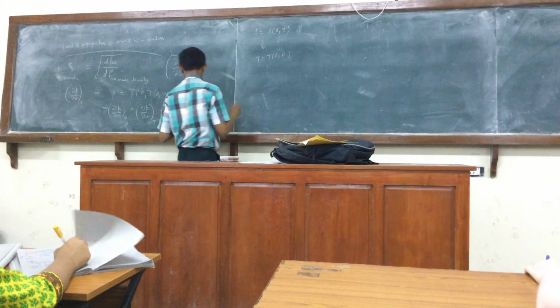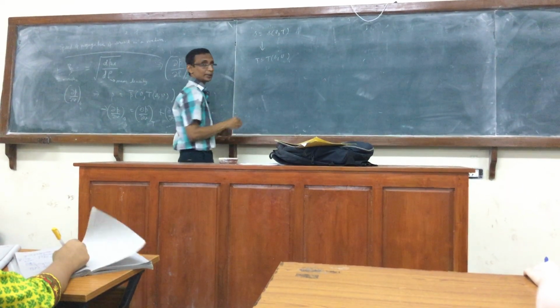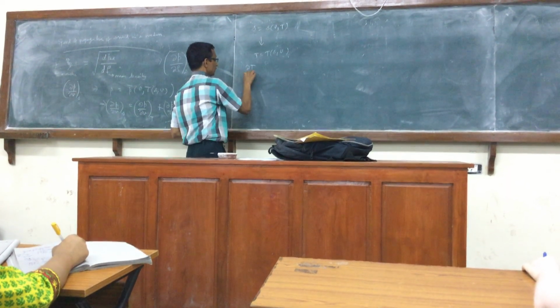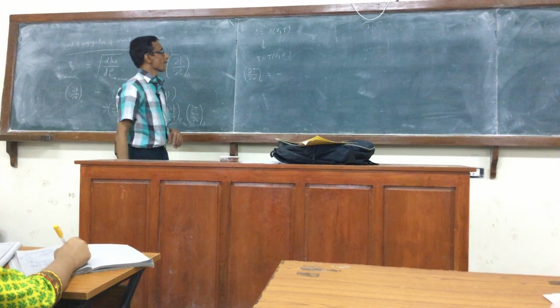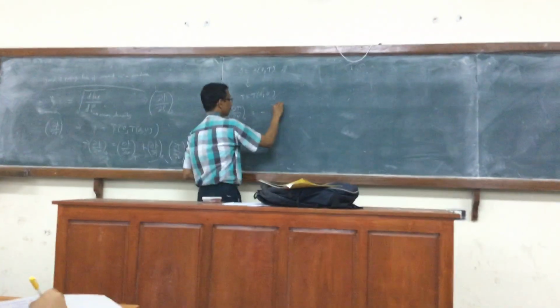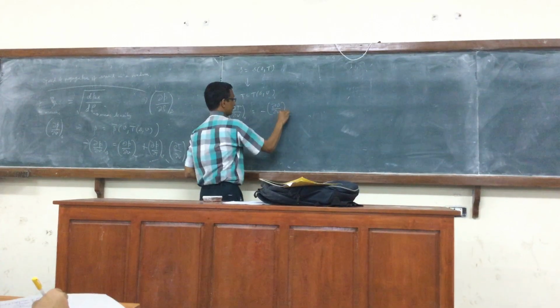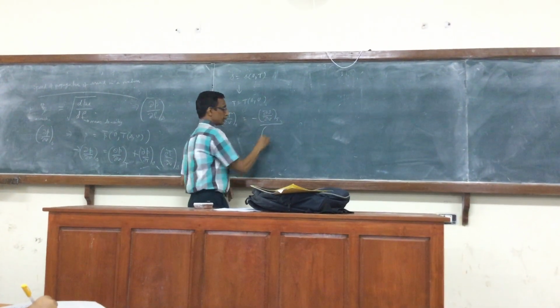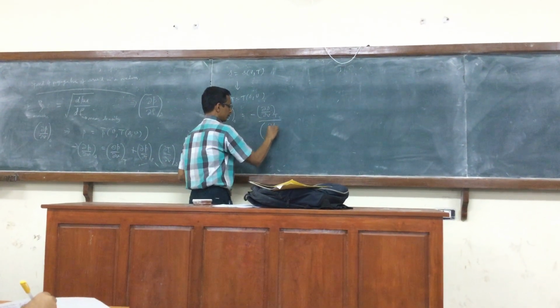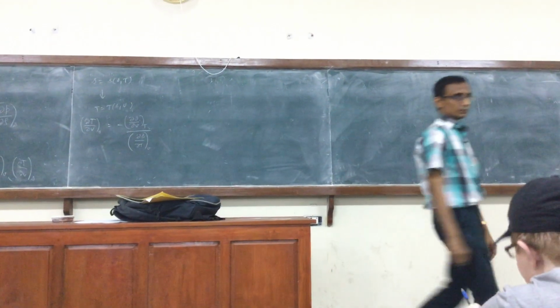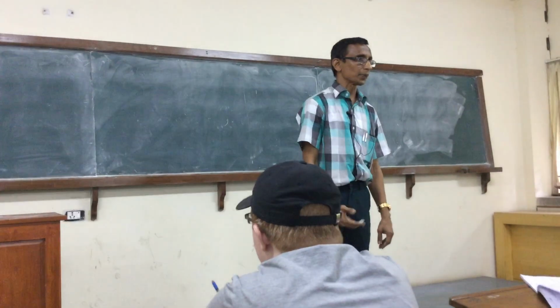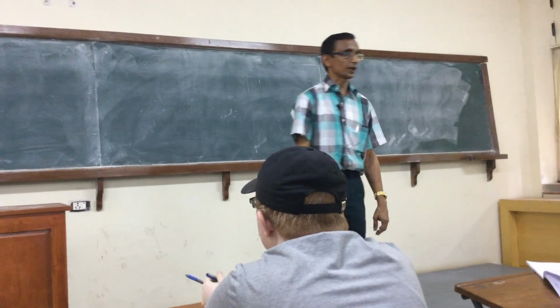So dP by dV at S will have a negative sign, (dS/dV at T) divided by (dS/dT at T). You can easily get this from the implicit or inverse function theorem.